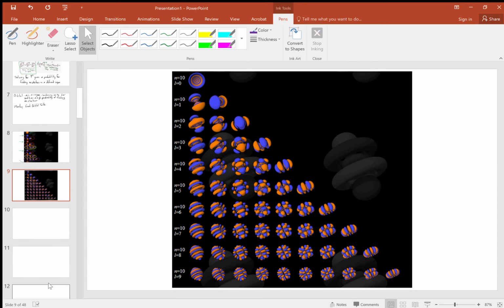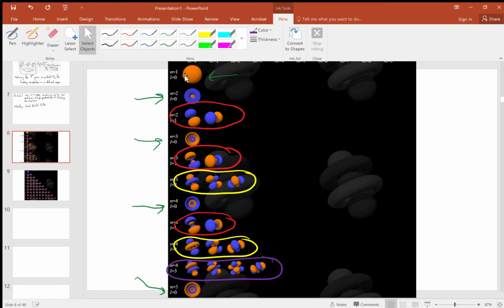Now, what do we call the different types of orbitals? Now, we don't have to worry about these in any way, because the first thing I'm going to point out is you notice there were these two numbers here, N and L. So I don't want you to worry about what L means, but N indicates the row on the periodic table.